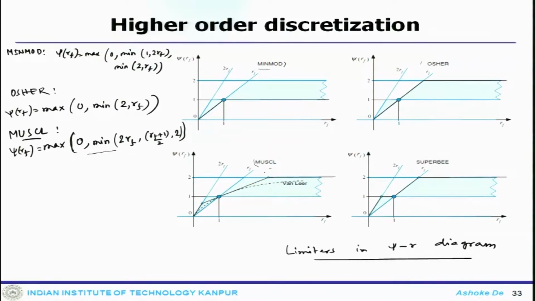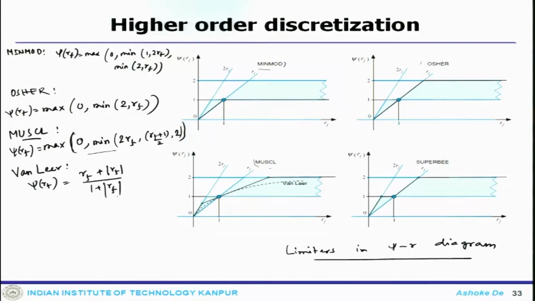That is how the Muscl limiter works, and in between that there would be the Van Leer limiter. The Van Leer limiter is a very popular limiter in high speed flows or compressible formulations.